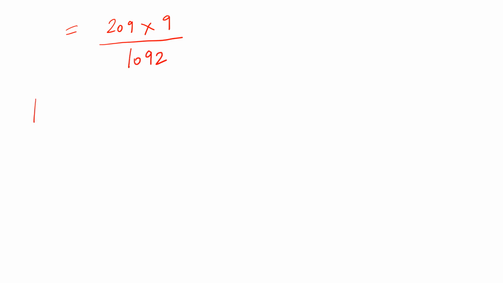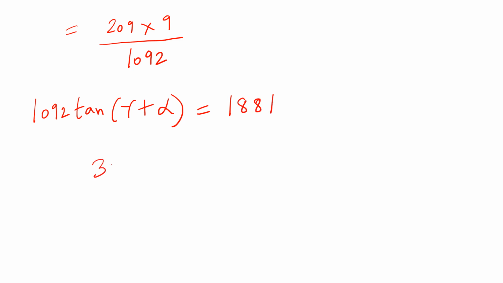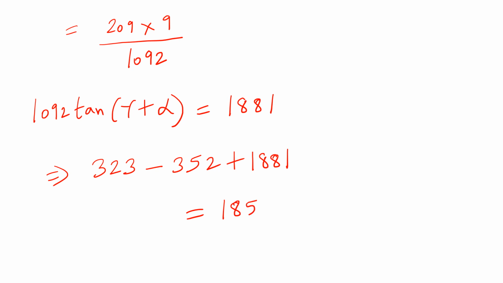So clearly the value of 1092 into tan of gamma plus alpha becomes equal to 1881. So finally the value of the required expression becomes 323 minus 352 plus 1881. And finally this comes as 1852. So that means option C is the correct one.